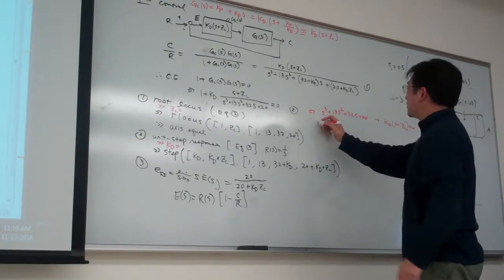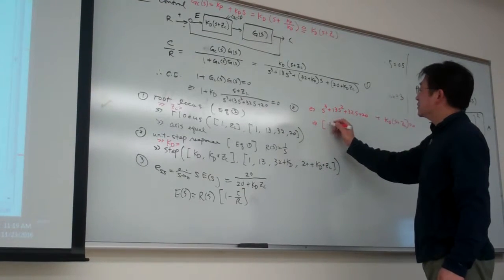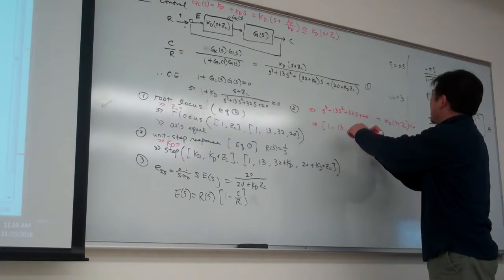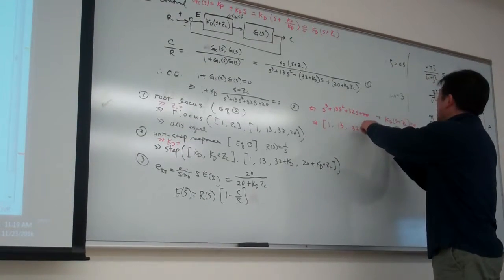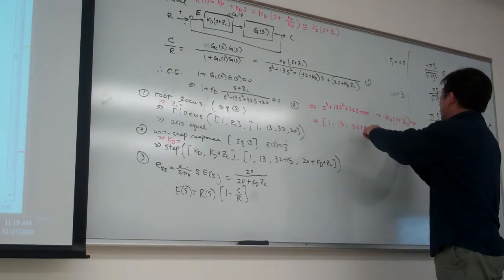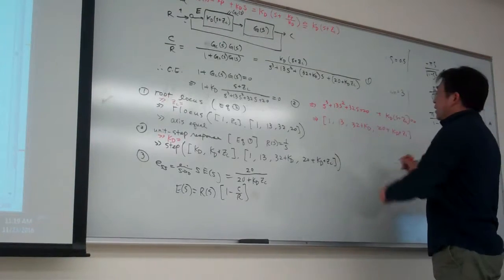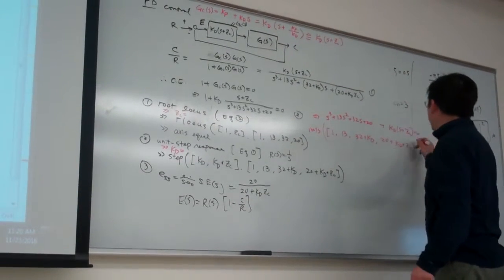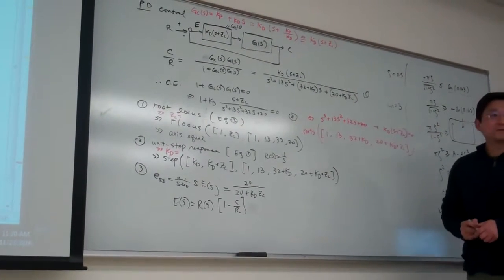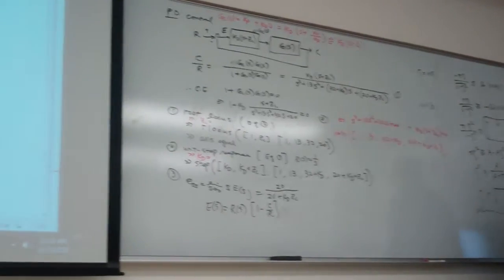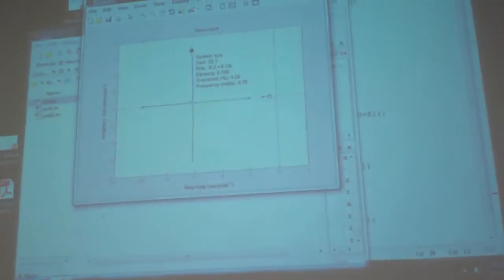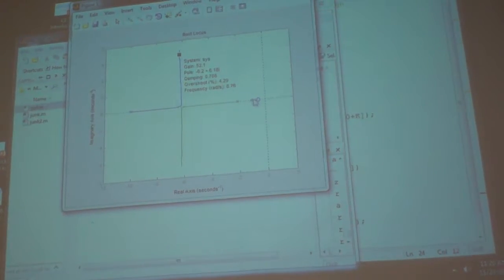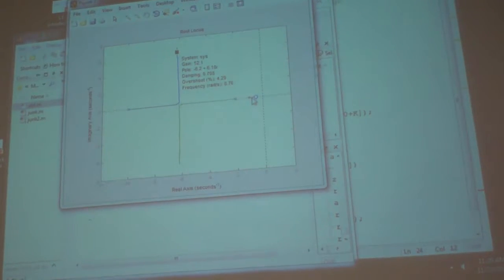So this polynomial has the coefficients 1, 13, 32 plus KD, and 20 plus KD times ZC. You simply use the MATLAB command roots, and that will give you the result. If you use that, you can really calculate the third pole here.